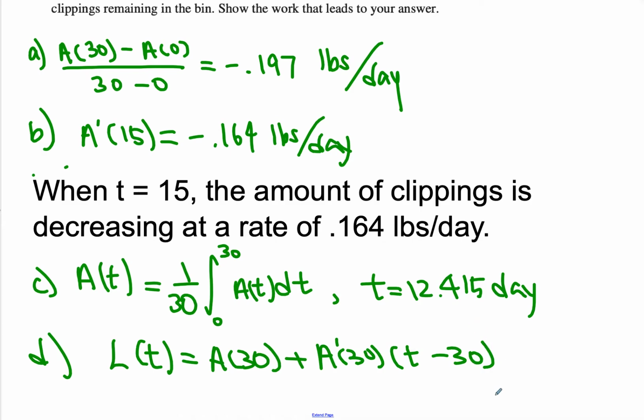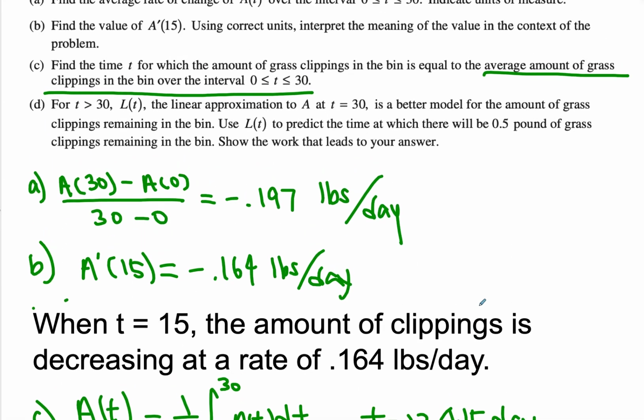That's basically what we end up getting. I just rewrote this as y minus y sub 1, and then moved it over, plus m times x minus x sub 1. That's essentially what we're looking at.